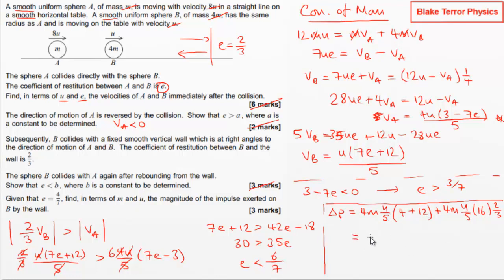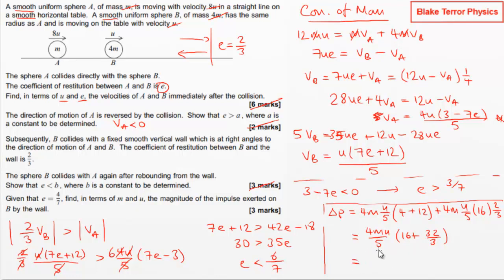Okay, so, God, there's a lot going on here. We've got 4mu over 5. Let's take that bit out, which means we've got 16 plus 32 over 3. Just factorising all of that. So that is 48 plus 32, which is 80 over 3.